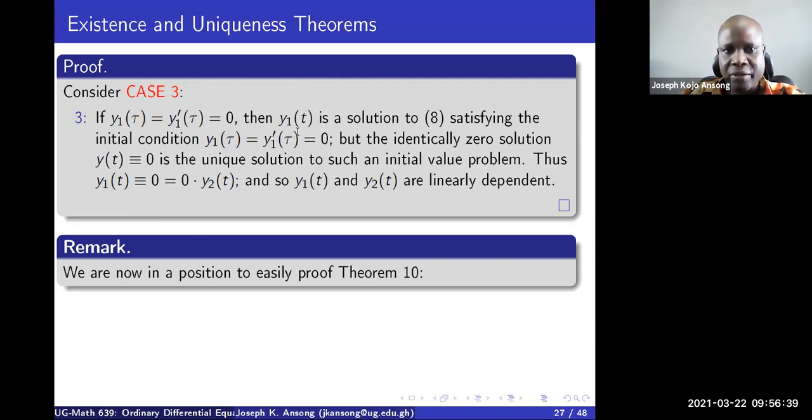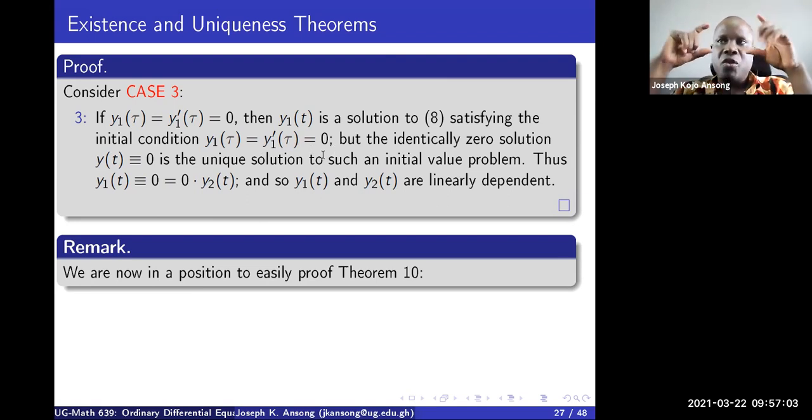In that case, we are showing that y1 of t is a solution to the homogeneous equation. Of course, that is the premise: y1 and y2 are solutions to 8. This is a solution to 8 that satisfies the initial condition y1 at tau equals y1 prime at tau equals 0.